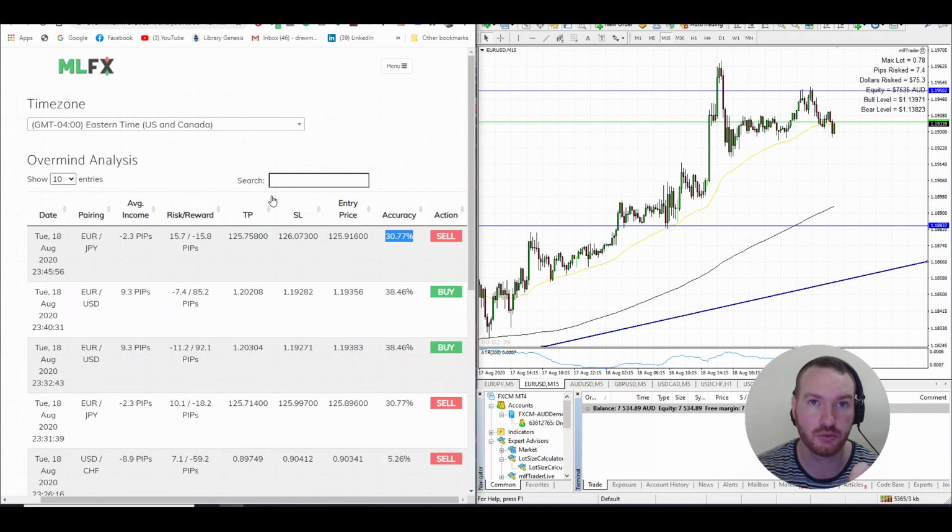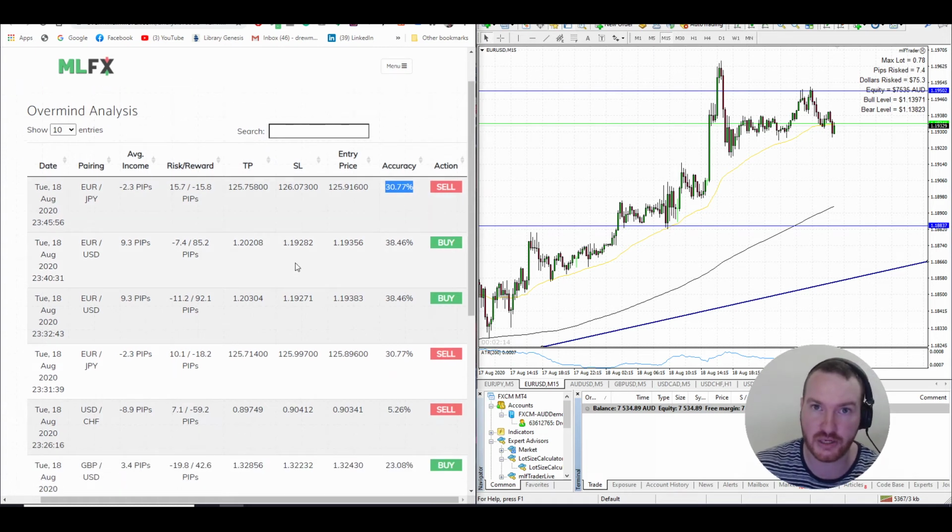So we're now able to reasonably easily add a function that calls to the market server, which we use Oanda, and then return that market information for a given period of time, and check against that data whether or not the trades that we have in the analysis page were winners or losers. So we'll be adding that relatively soon. It's going to be another column here that says result, and then it will be win or loss.